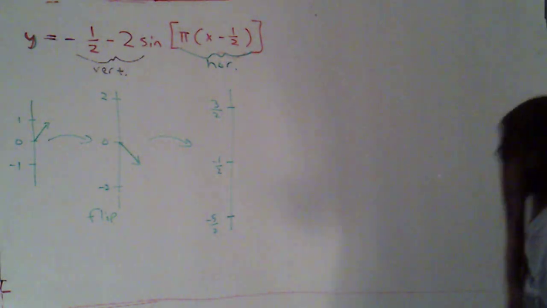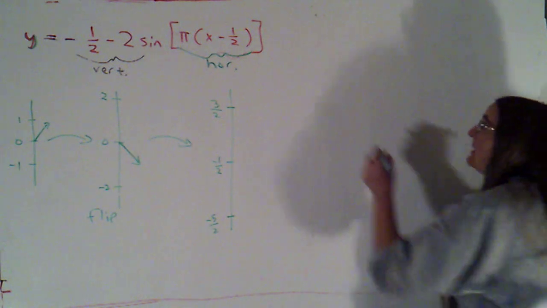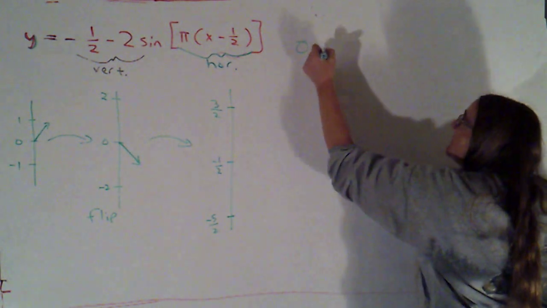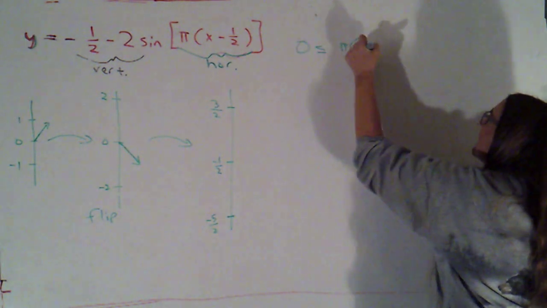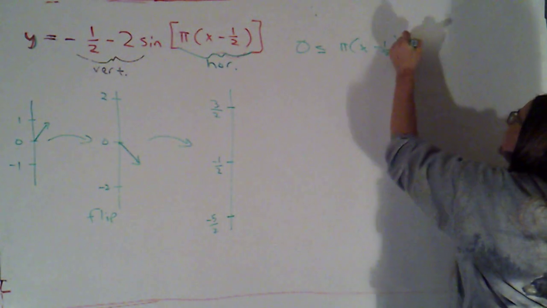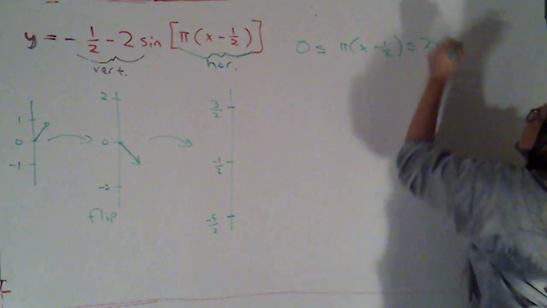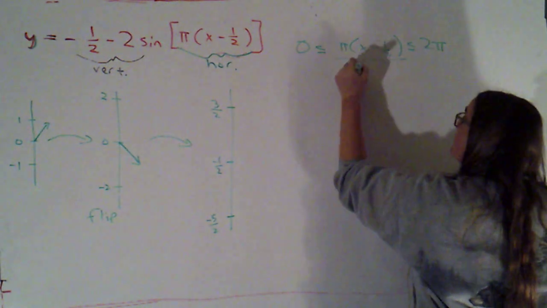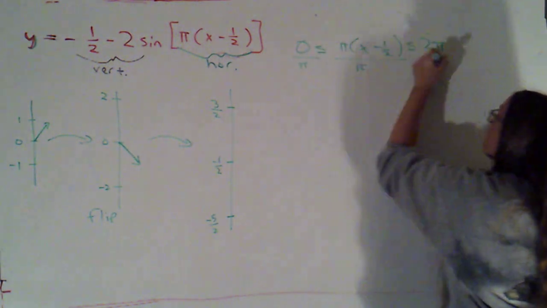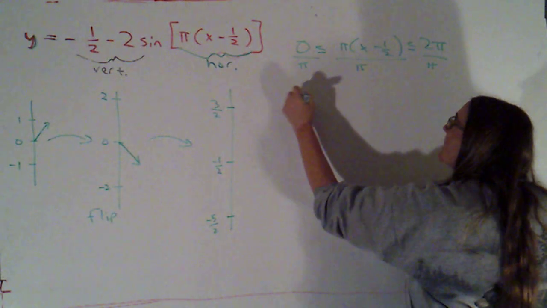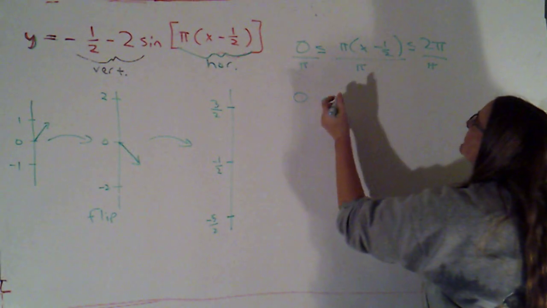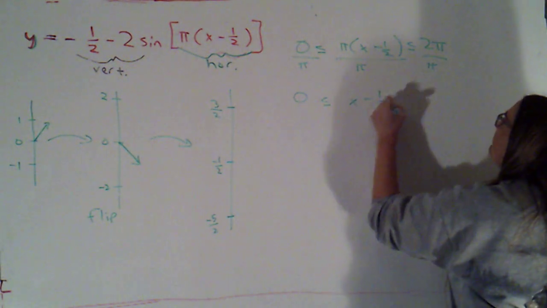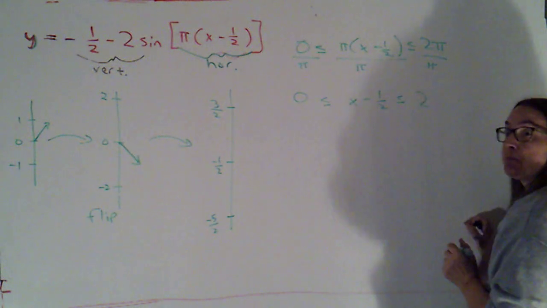So I know that sine is going to do its thing as the input, which is pi times x minus 1/2, goes from 0 to 2 pi. So I'm going to solve this for x. I'm going to divide through by pi. So I get 0 less than or equal to x minus 1/2 less than or equal to 2.